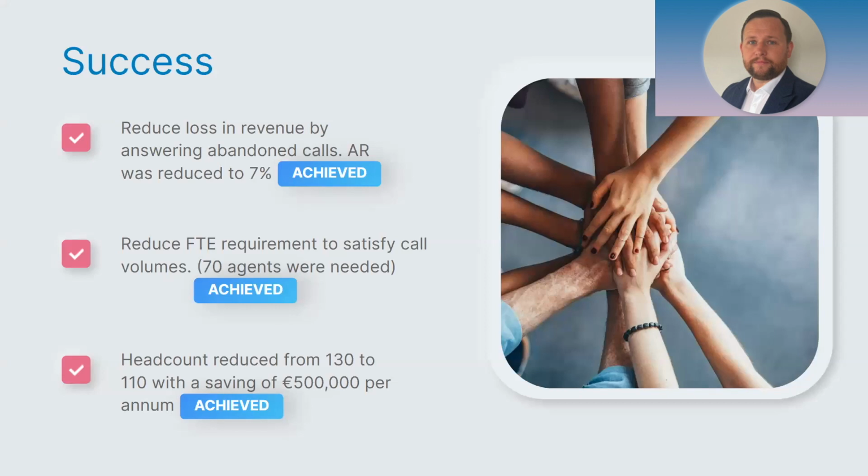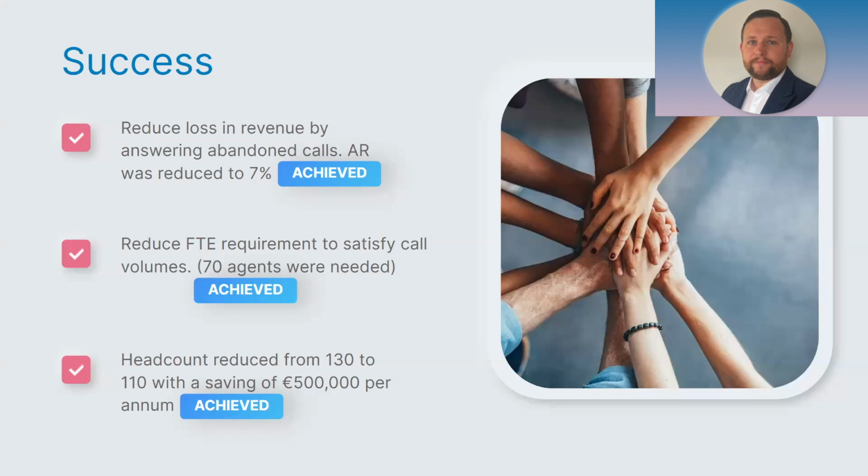So the results were that while we had to reduce the loss in revenue from 21.5% to 10%, we actually exceeded that and reduced the loss of revenue to 7%. We reduced the full-time equivalent requirement to satisfy their expected call volumes over the next 3 months, meaning that instead of having 80 agents to handle 30,000 calls, they could now have 70 agents to handle 45,000 calls.